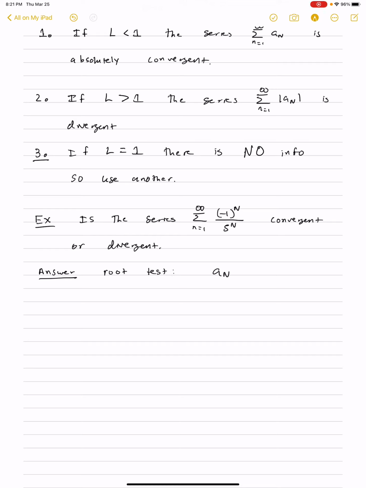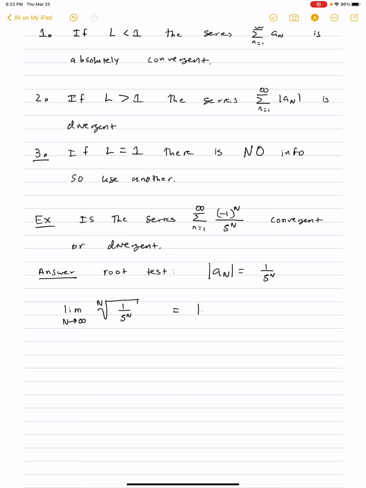So here, a sub n, and I'll put it in absolute values, is just going to be 1 over 5 to the n. And we just need to compute this limit as n goes to infinity of the nth root of 1 over 5 to the n.